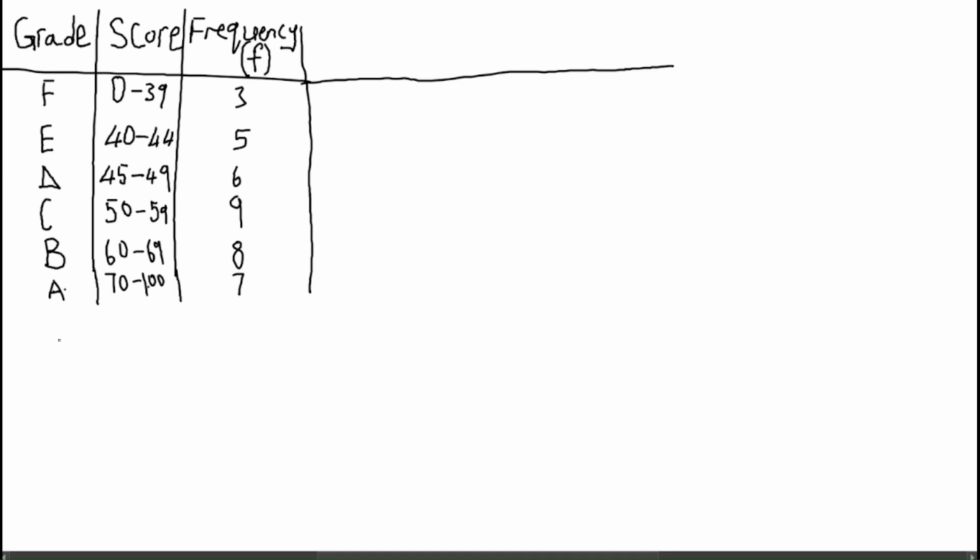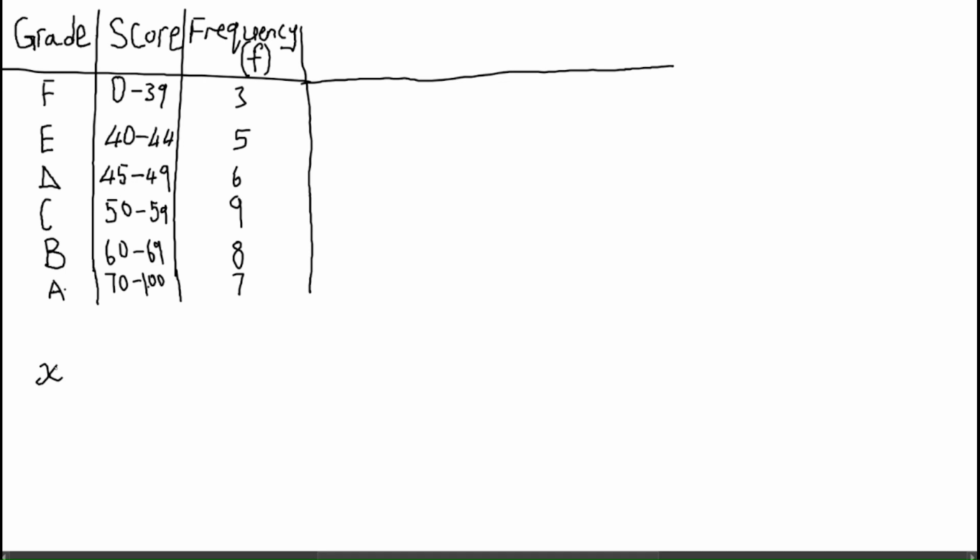So with this data, how can we calculate the mean score in this class? Now, it's important to understand that we cannot compute the exact mean for the score in this class, because we just don't know the individual data values in the data set. So therefore, we can estimate the mean.